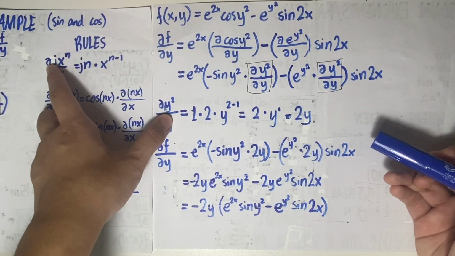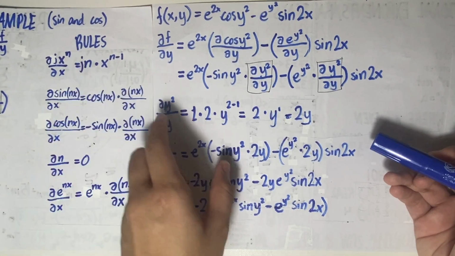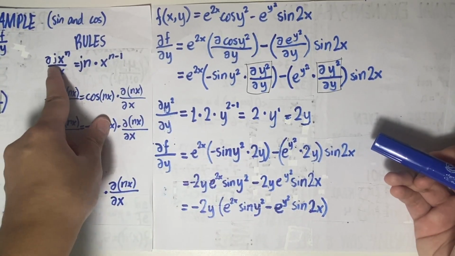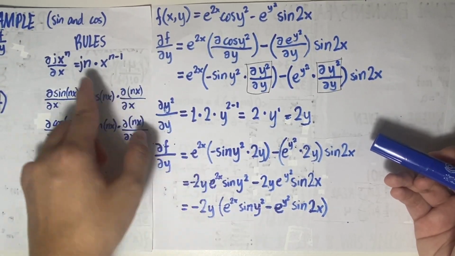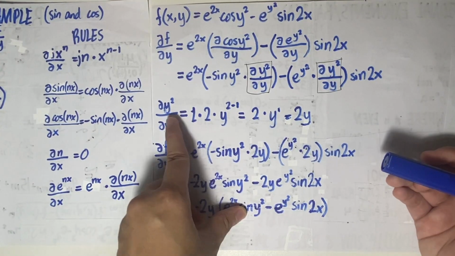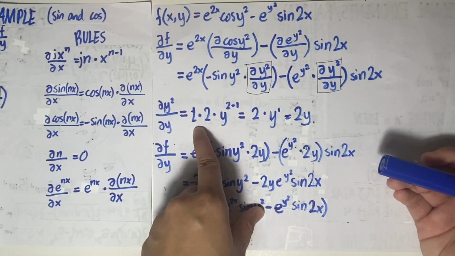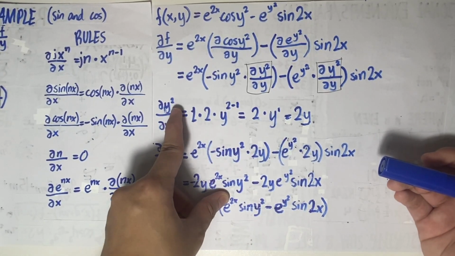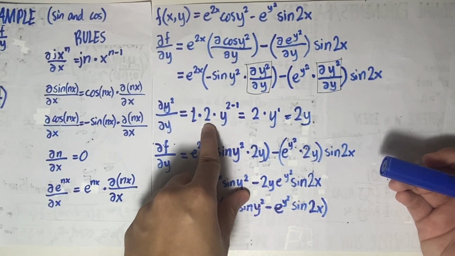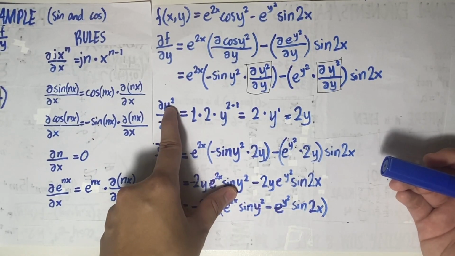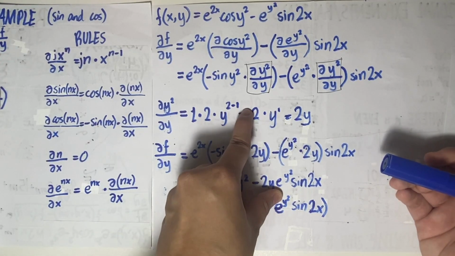If we are applying j x to the power of n to this y squared, 1 is our j, and then x is our y in this particular example, and n is our 2. So the derivative of y squared, following this rule, would be equal to 1, because that's our coefficient of y squared, there's an invisible 1 multiplied by y squared, times 2, because that is the power of y, times y to the power of 2 minus 1.